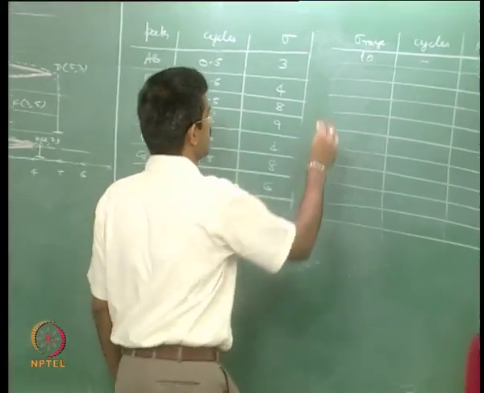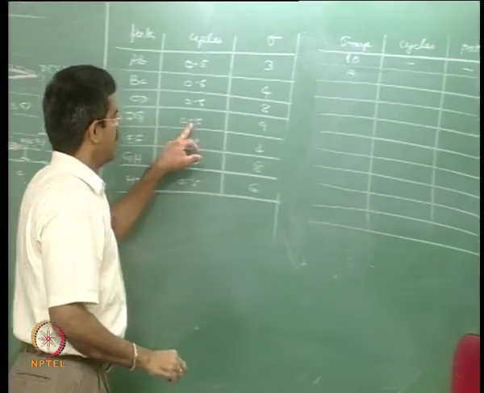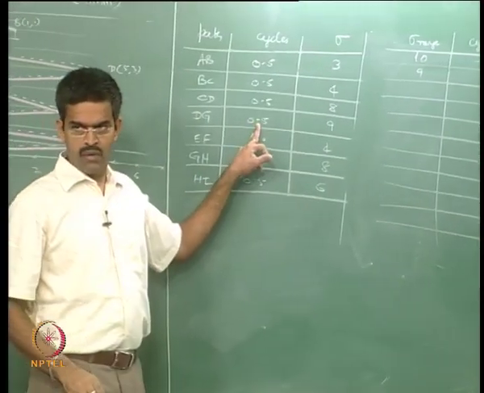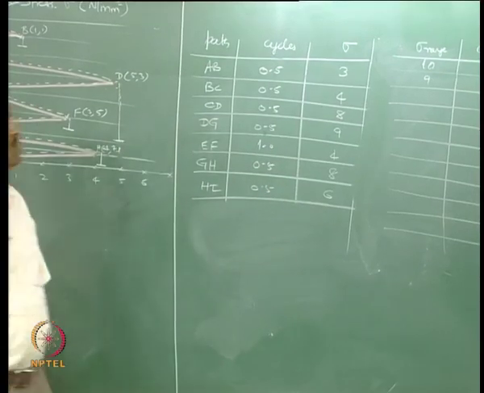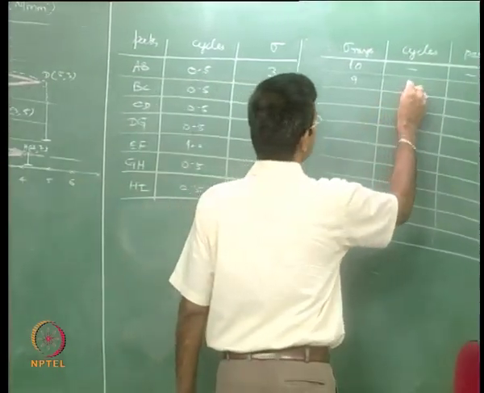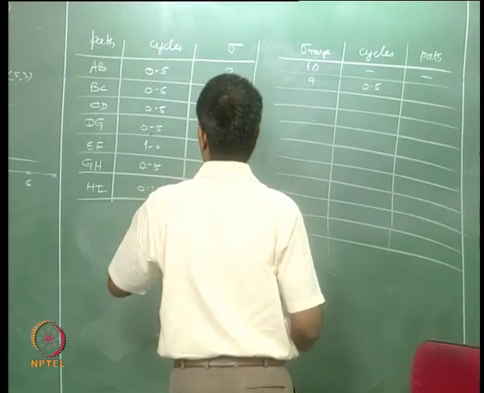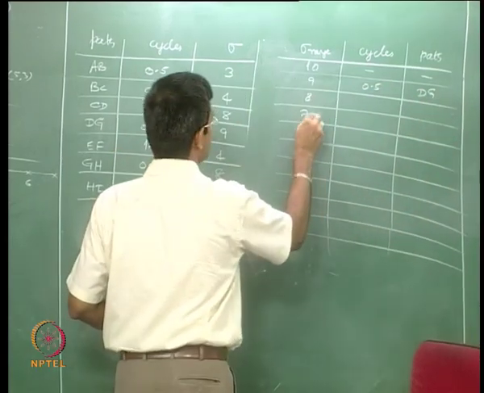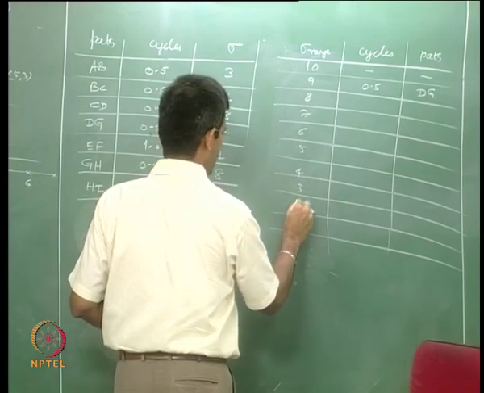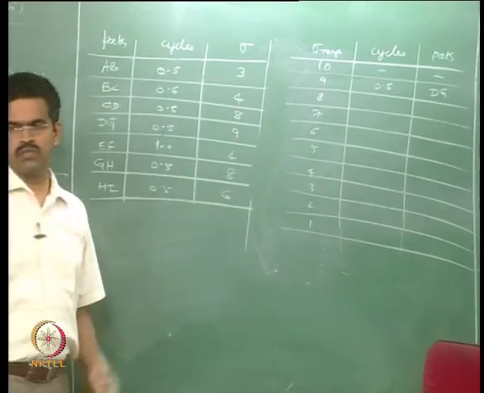And stress range 9, how many cycles are there? Half cycle, so 0.5, and the path could be dG. Similarly 8, 7, 6, 5, 4, 3, 2, 1, can you fill up this?